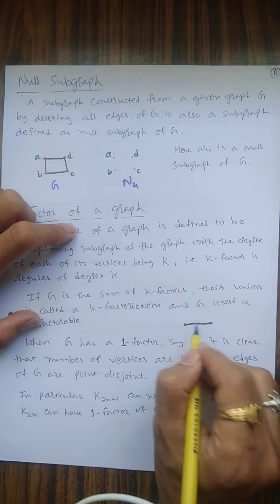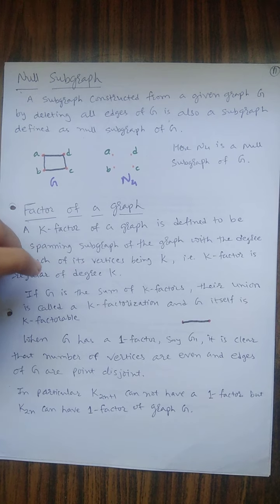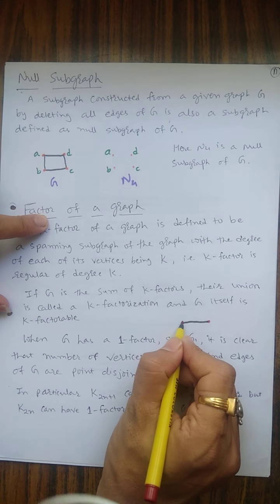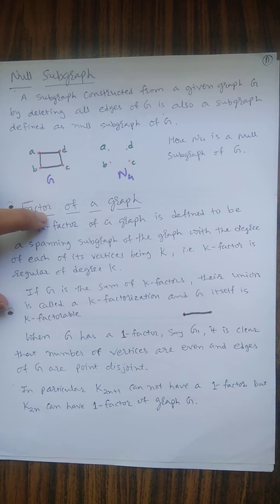If we have 1 edge, how many vertices are needed? 2 vertices. Similarly, every 1 factor has an even number of vertices. If there is 1 edge, then we need 2 vertices; 2 edges, then we need 4 vertices.